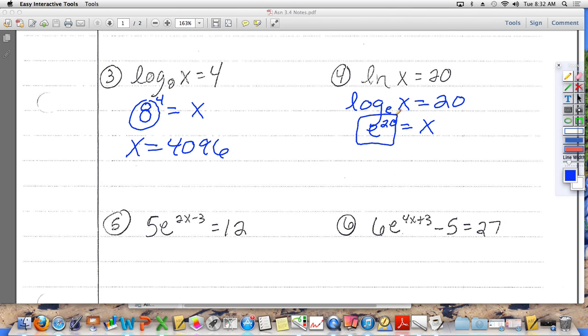If you want to write it down, I think the actual value is 485,165,195.4-ish. If the numbers are so gigantic, just leave it like that: e to the 20th power, okay? Alright, number 5.